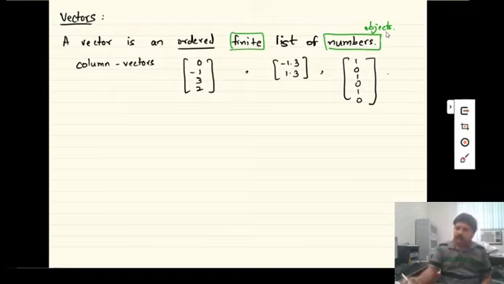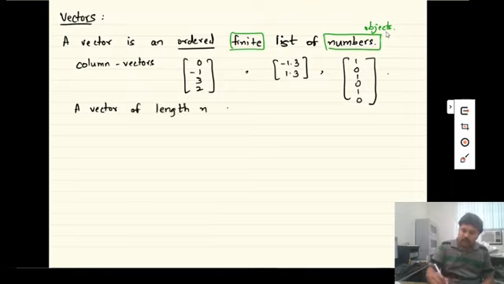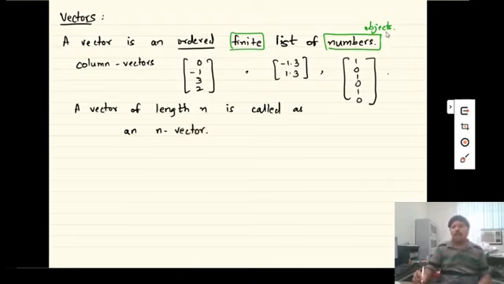Because the list is finite, we can count how many numbers there are in a vector, and typically a vector of length n is called an n vector. So a vector of length n will be called an n vector.